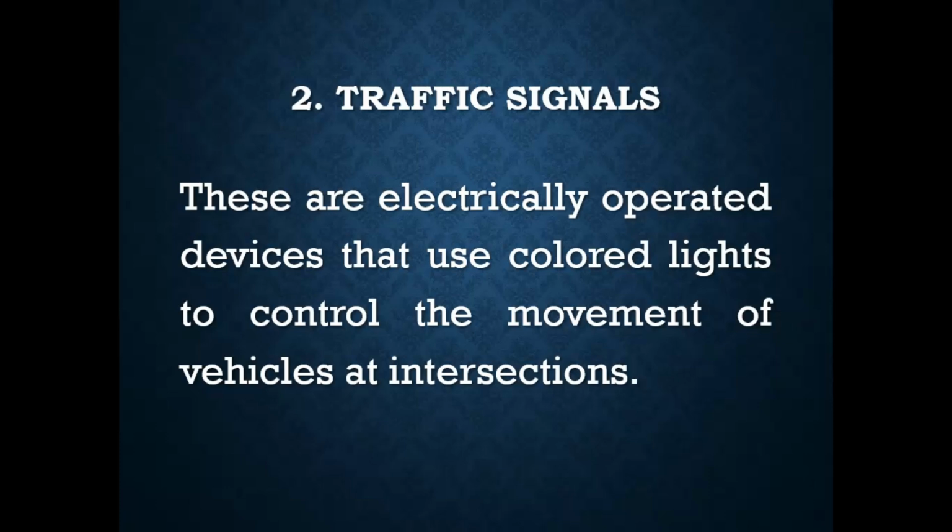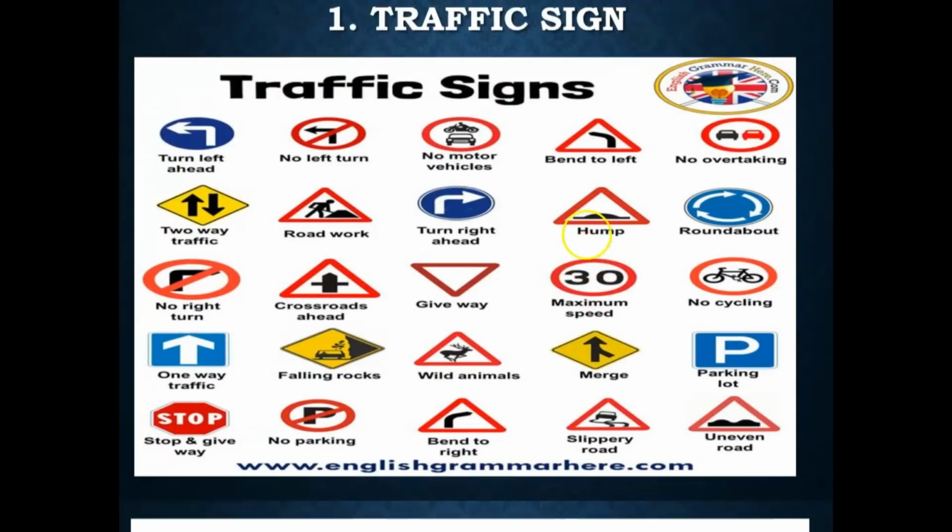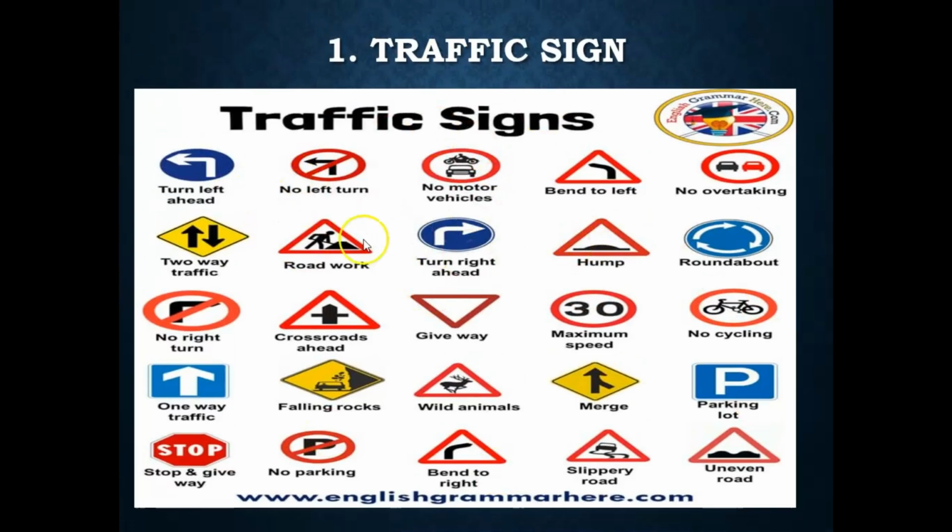Then afterwards it changes to green. Then from that it changes back to red in that flow. So this is an example of a traffic signal. So I can say a traffic light is an example of a traffic signal. But when we have any of these kinds of signs, it is an example of just a traffic sign.